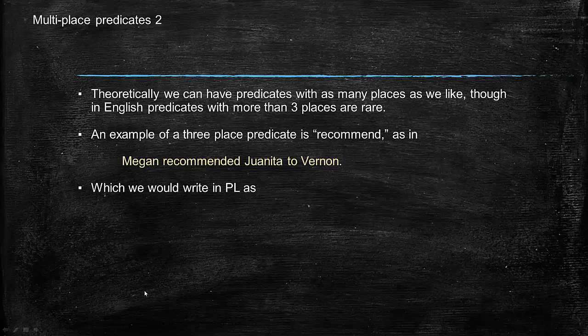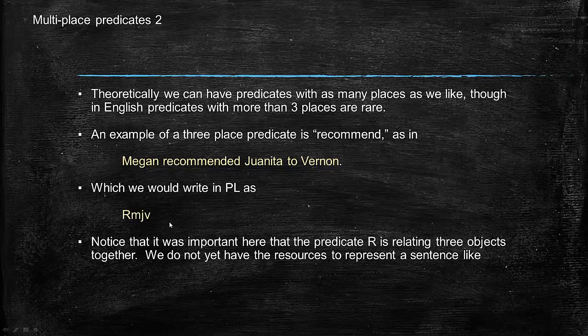And the way we would write that is simply recommend, right, big R, M J V. Megan recommended Juanita to Vernon. So notice that it was important here that the predicate R is relating three objects together.